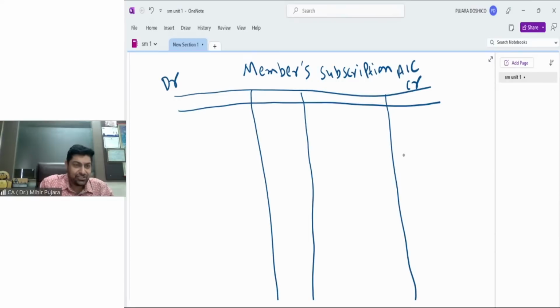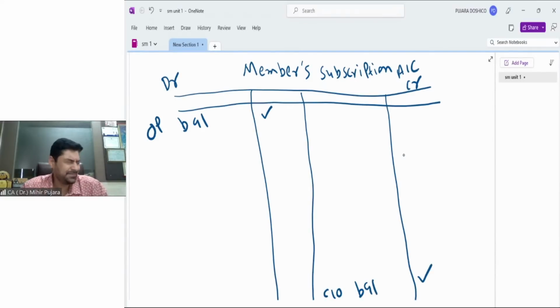Therefore, generally this is opening balance. This is closing balance. Like debtor, guys, understood? What is this? This is outstanding of previous year.